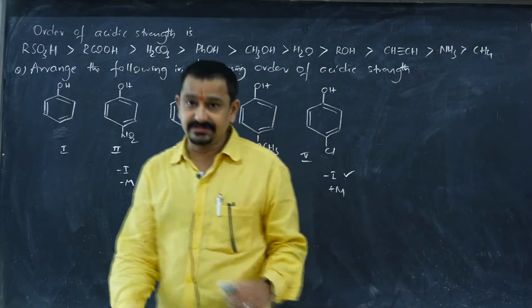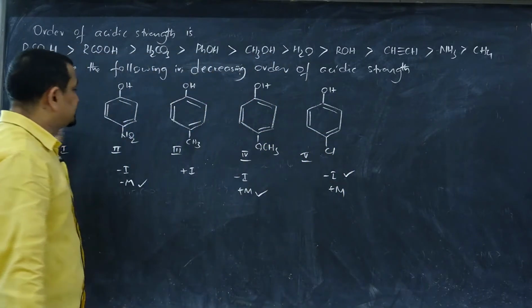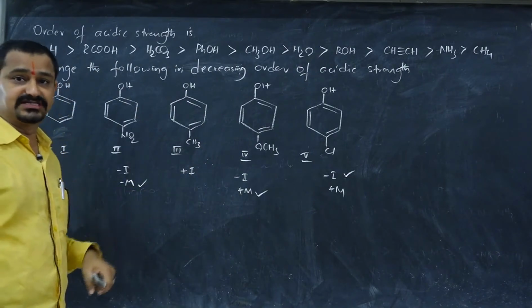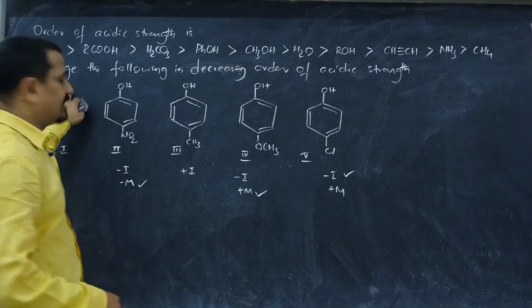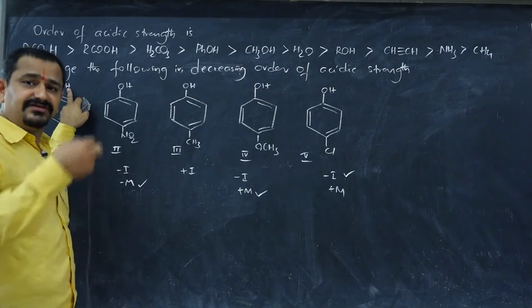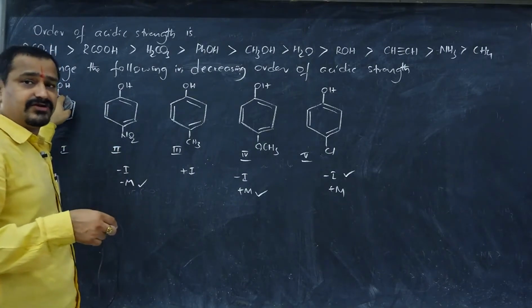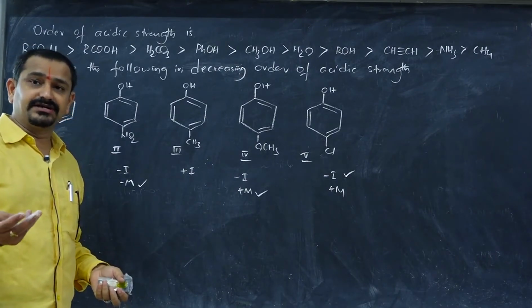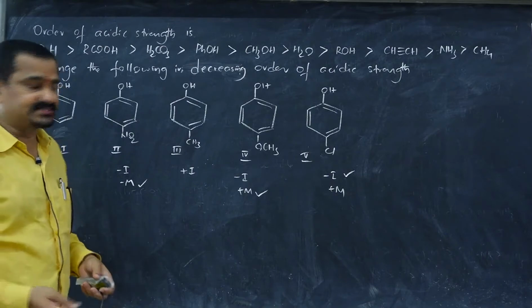I am repeating: the acidic nature of these phenols can be predicted with respect to the stability of their conjugate base, that is phenoxide. Phenoxide means that after behaving as an acid and giving out H plus, O minus is left. This whole thing is phenoxide. The more the stability of the conjugate base, the more the strength of the acid, as we discussed already.